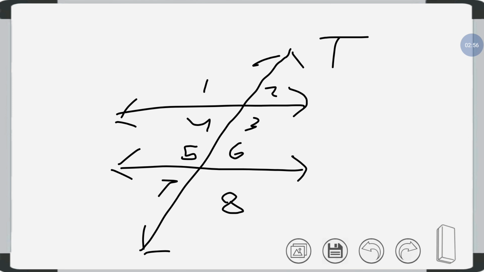The next angles we have are the same side interior angles. The same side interior angles lie on the same side of the transversal and between the intersected lines. Why should it be between the intersected lines? Because it's an interior angle, and as we know, an interior angle is in between the two intersected lines.